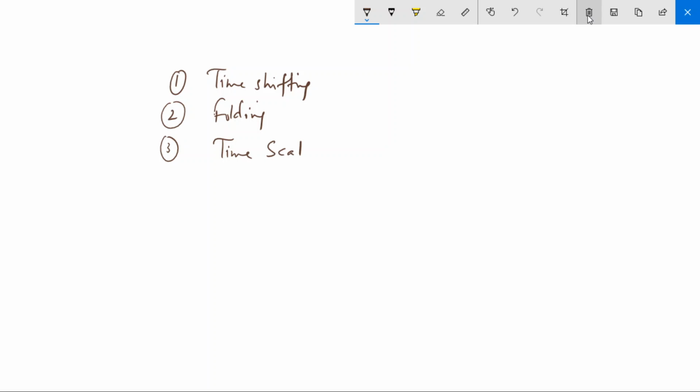Okay, in the last class, we discussed how we transform the independent variable in any function. So we have three operations. One was time shifting, another was time folding, and the third was time scaling.